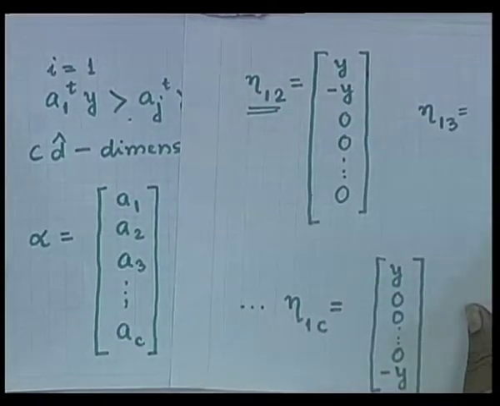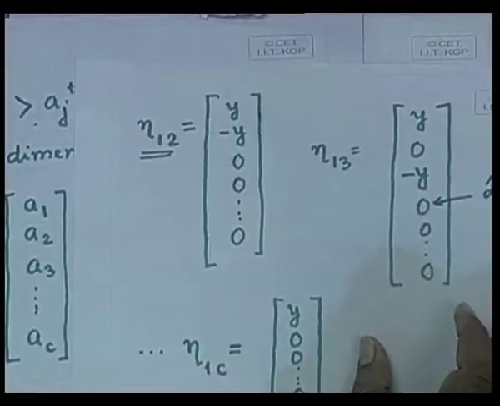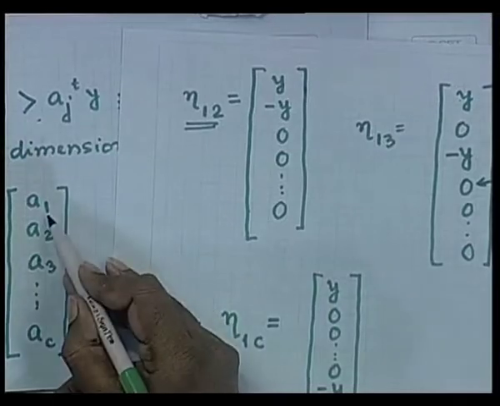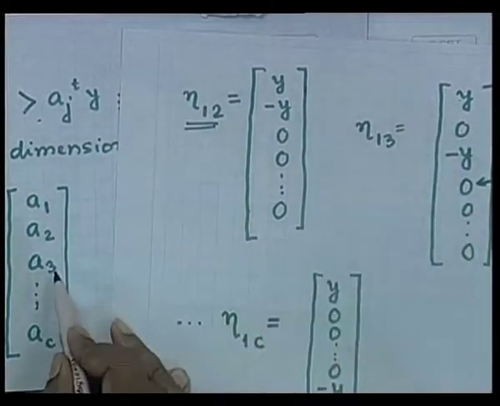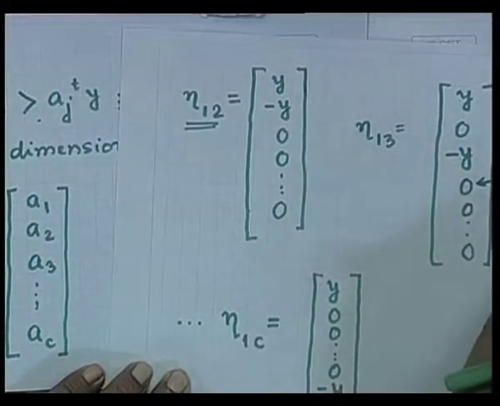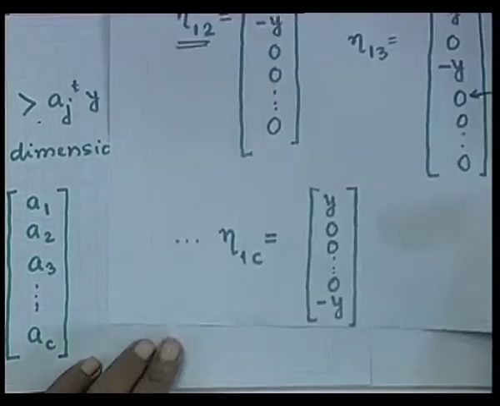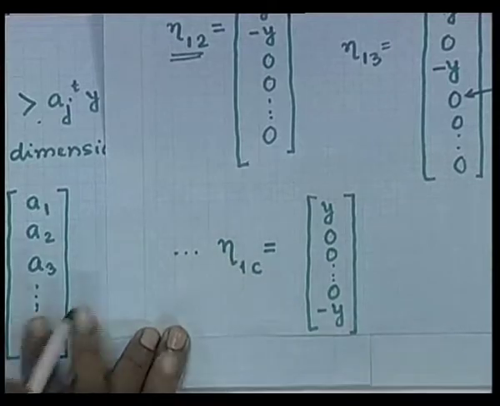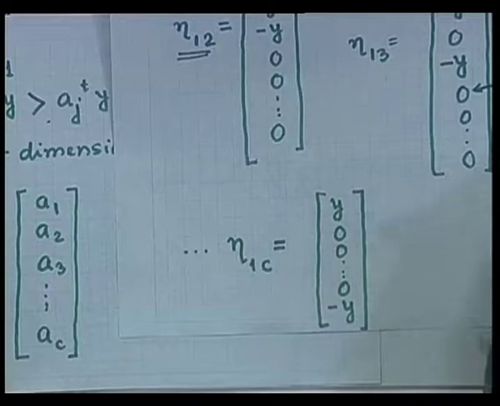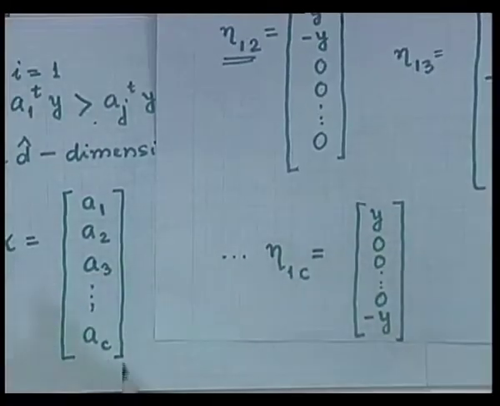Similarly, alpha transpose eta 1 3 is simply a 1 transpose y minus a 3 transpose y. Similarly, alpha transpose eta 1 c is simply a 1 transpose y minus a c transpose y.